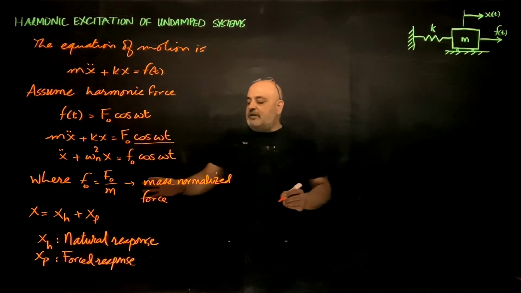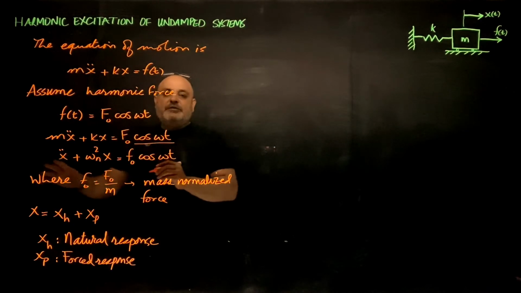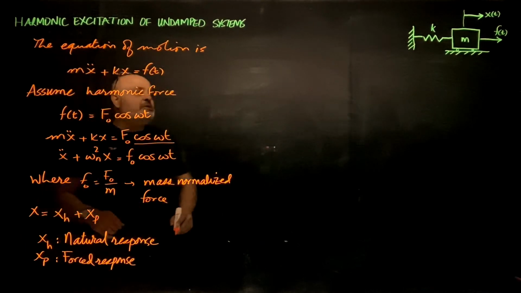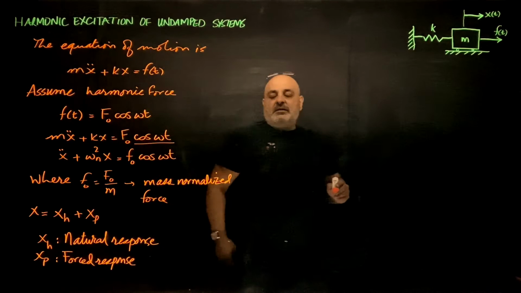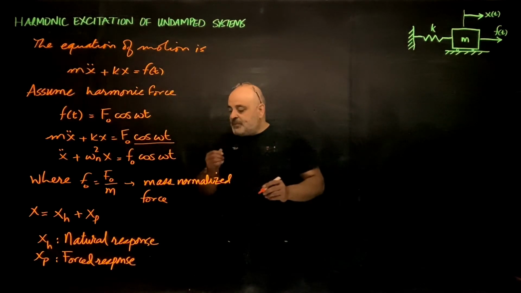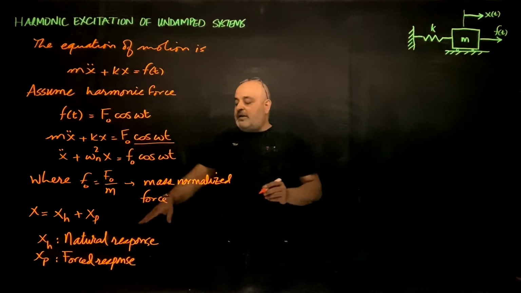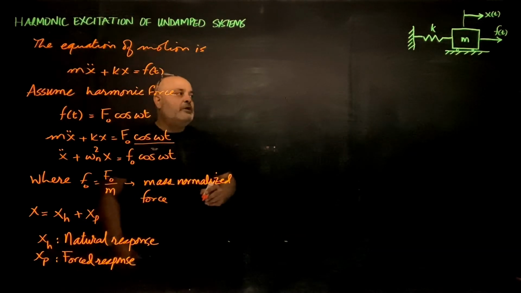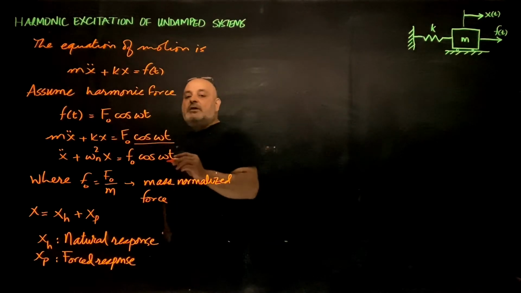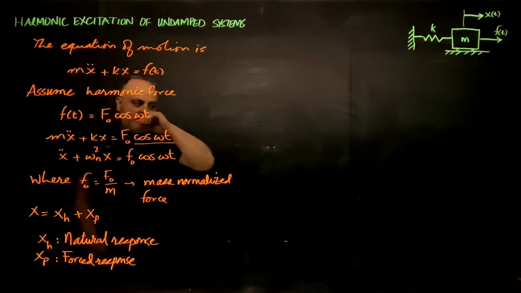Now, to solve this differential equation, you have to go into two steps. First, solve the homogeneous part to get the homogeneous solution or the natural response, and we've done that in the previous lectures. Now, I need to find the forced response. I will use the method of undetermined coefficients.